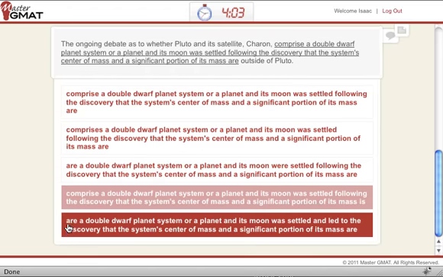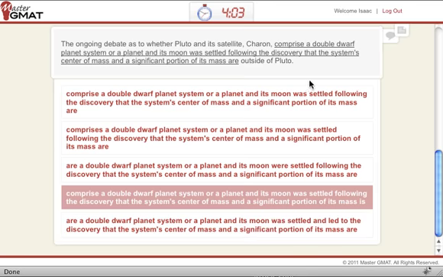So are is fine in terms of its plural. Our double dwarf planet system, or planet and its moons, was settled. We fixed that as well, and led to the discovery that. Now check out that versus what was in the original sentence. You don't have a led in the original sentence, right?